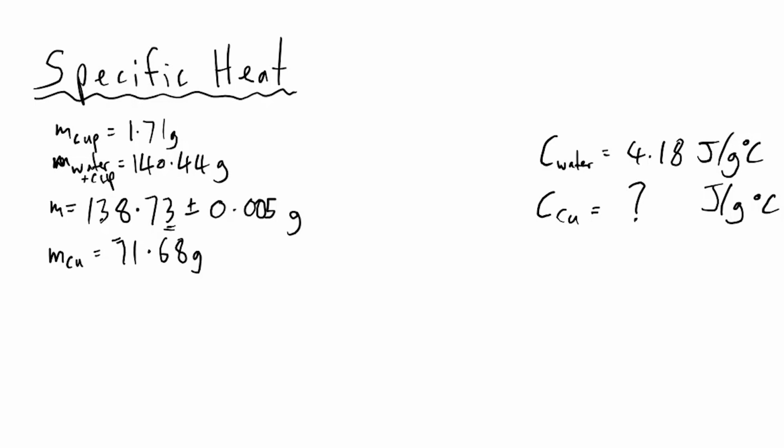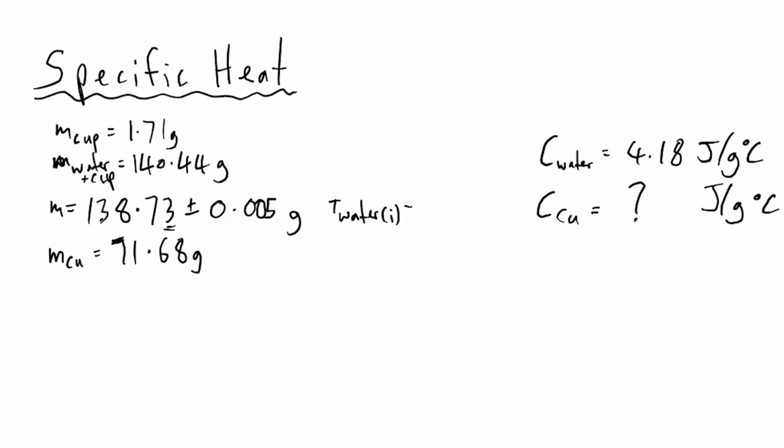So what we did was heat the copper to a certain temperature and then drop it into that mass of water, the 138.73 gram. The copper got cooler and the water got hotter, and they eventually met at a particular temperature. So let's see. T water initial.